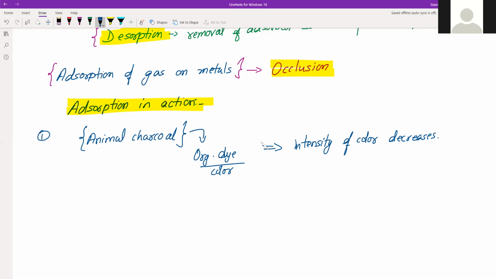That means they have settled somewhere, and where they have settled is on this charcoal, right? So that is one example.